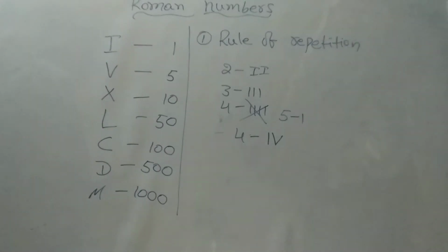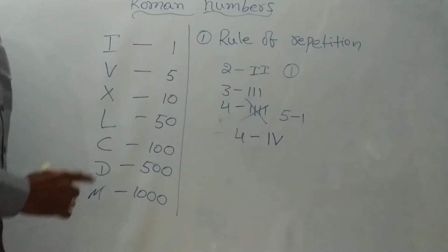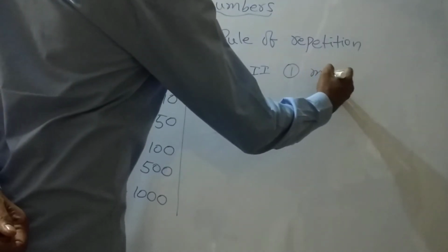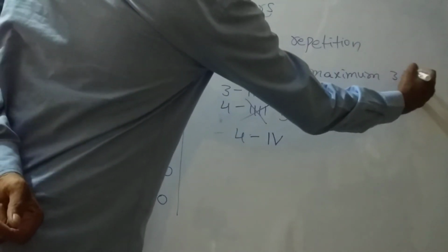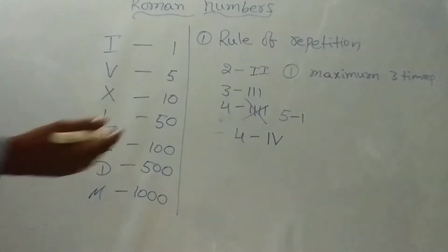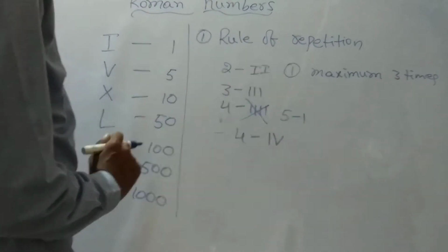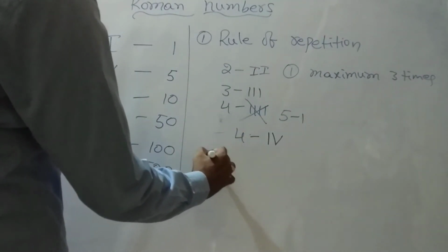Rule of repetition: what is the first condition? It repeats a maximum of 3 times. Suppose you want to write 7.